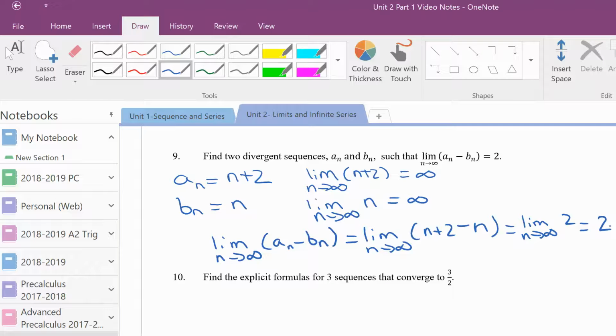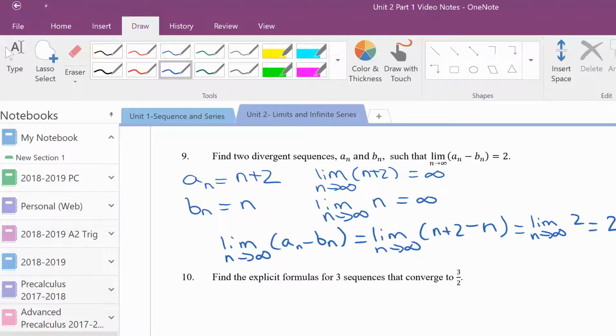So on their own, they're divergent, but when you subtract them, it would converge to 2.